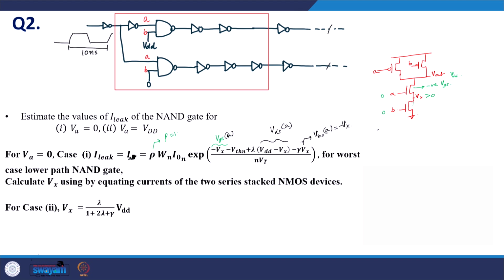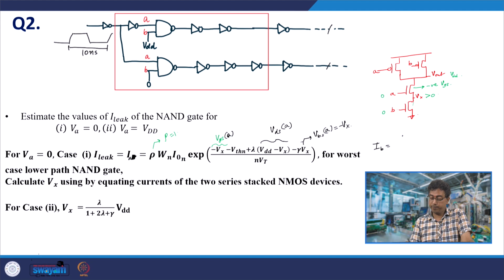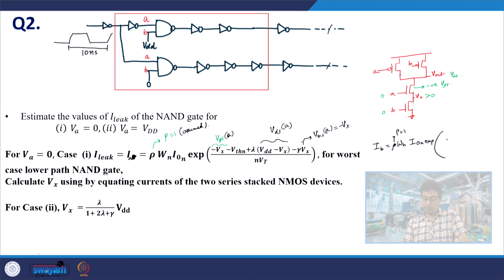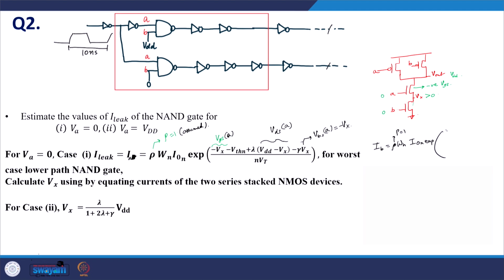Now, if you want to write transistor B's current, in this case, what is the value of VGS?